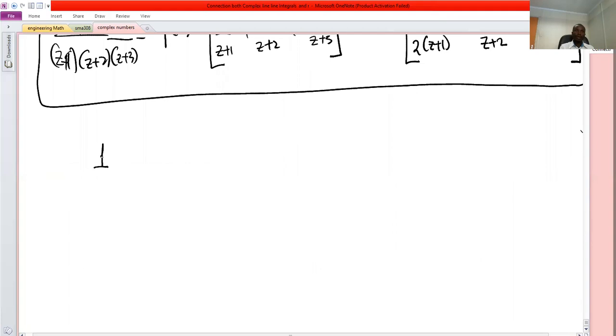So integral 1, where we have the integral of f of z over 2 into z plus 1 dz.